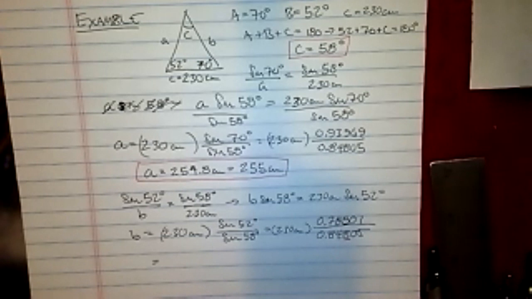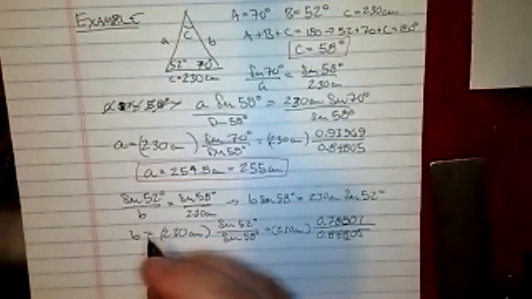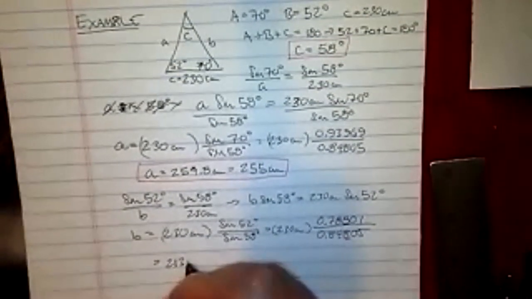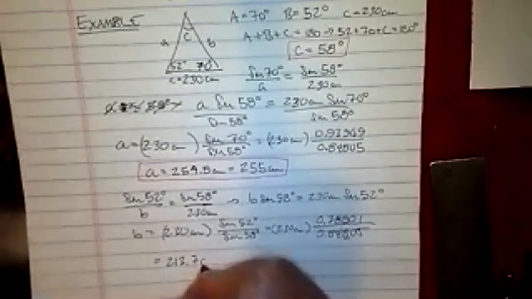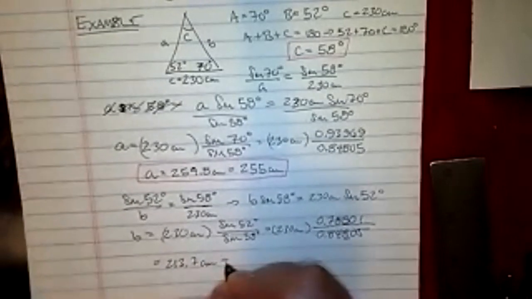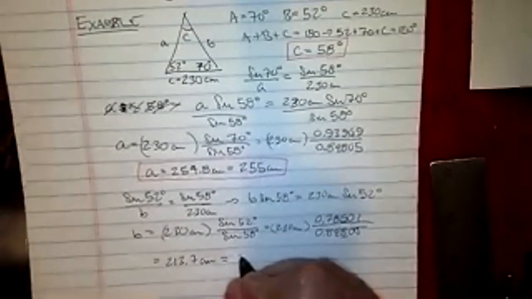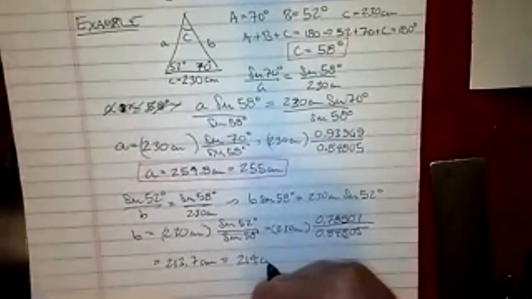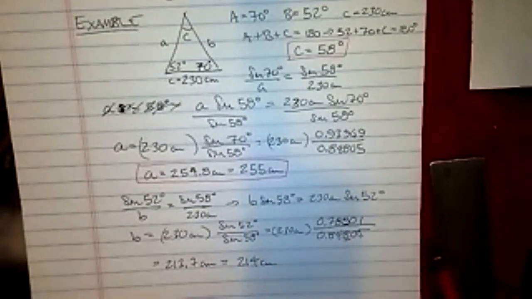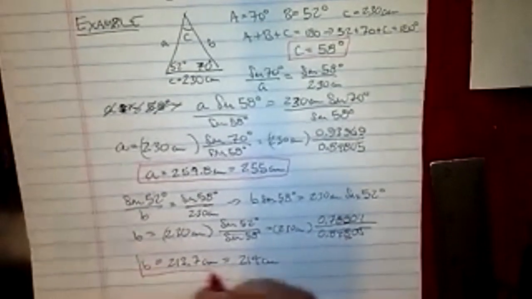And lo and behold, I get 213.7 centimeters, which I'm going to say should actually be called 214 centimeters. So that's the answer. B is equal to that.